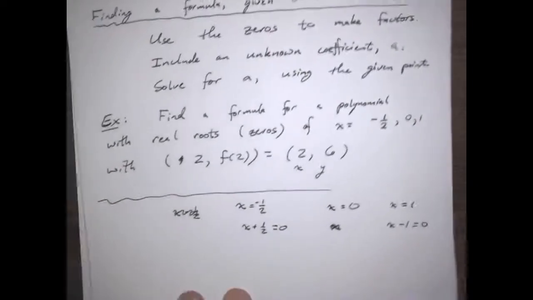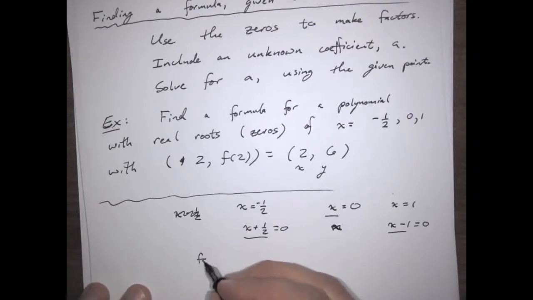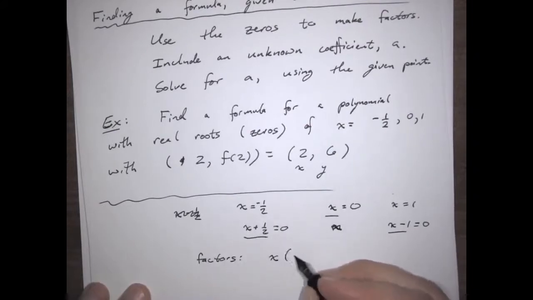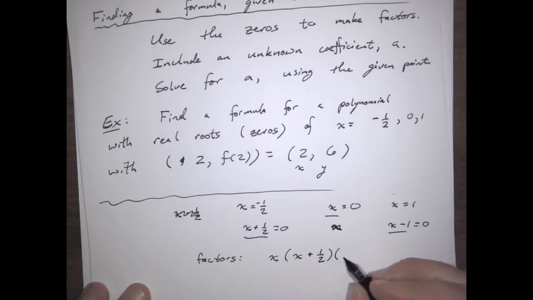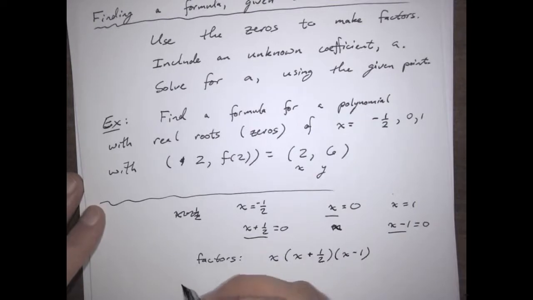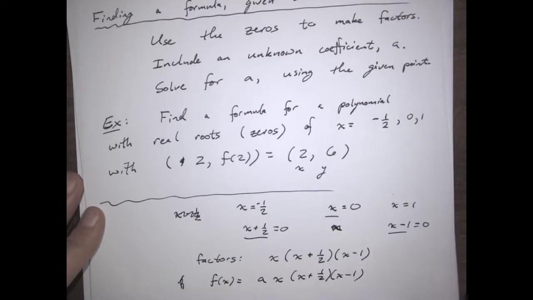So these are the three factors. You usually put the x first so it doesn't get lost. So x times x plus 1/2 times x minus 1. So far, what we know for f of x is that it is equal to some mystery a times x times x plus 1/2 times x minus 1.